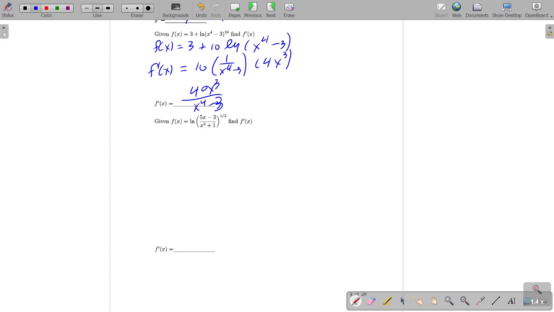Okay, so hopefully you're back and you've tried it by yourself. So f of x equals 1/2 natural log of 5x minus 3 over x cubed plus 1, which is 1/2 natural log of 5x minus 3 minus 1/2 natural log of x cubed plus 1.